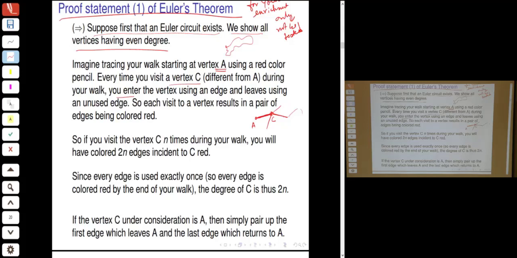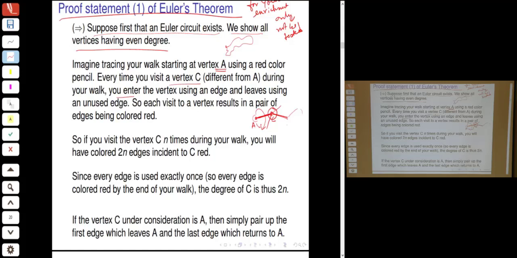And the Euler circuit covers every edge of the graph. So after you have taken your tour and ended up in A, and you are coloring every edge you traverse in your Euler circuit with the red pencil, after you have traversed your Euler circuit, you must have covered all edges of the graph with the red pencil, because an Euler circuit is supposed to cover all edges, right? And you have noticed that for any vertex C, for every visit to C, you have a count of 2 new edges.